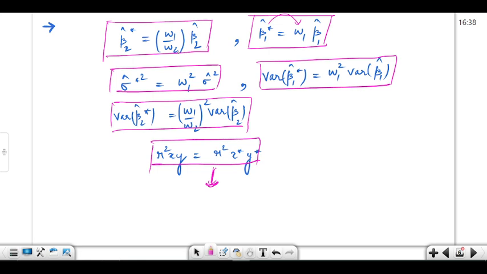There is no scaling or change of unit in the x variable. So all my estimators will change by a factor of W1. If W2 is equal to 1, it means that your new beta 2 hat star is equal to W1 times the previous beta 2 hat. Similarly, this goes for every one of these formulas.